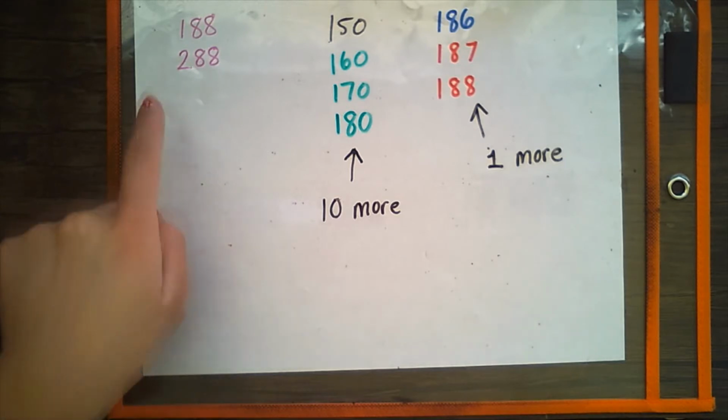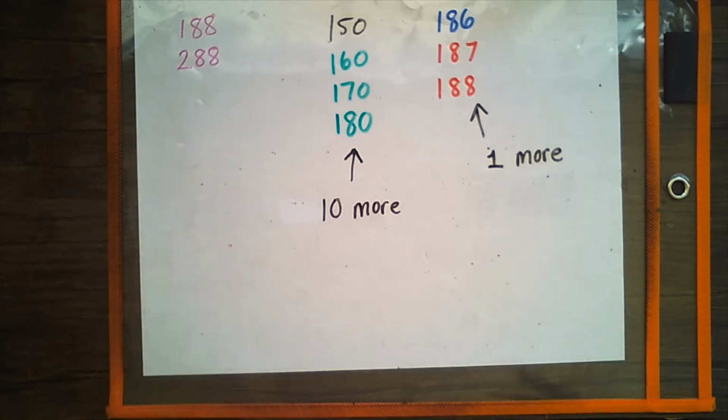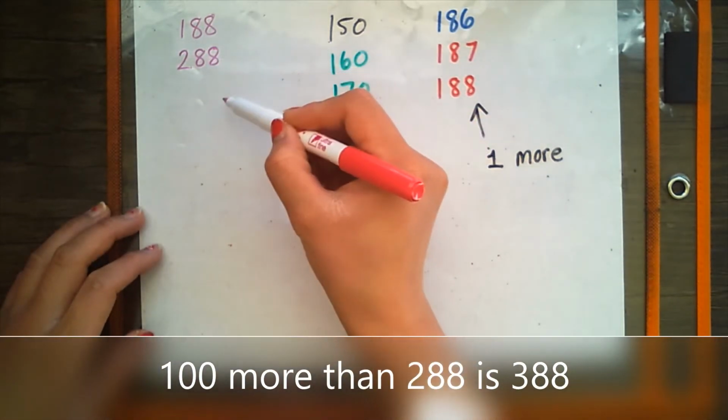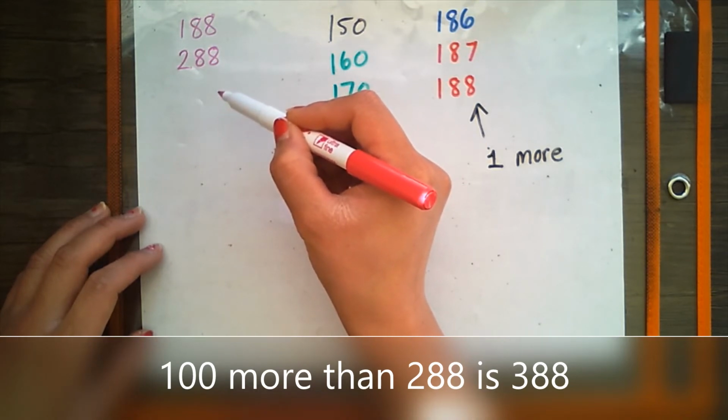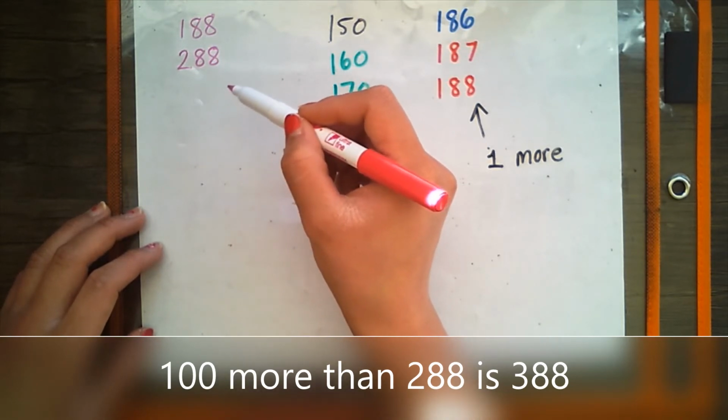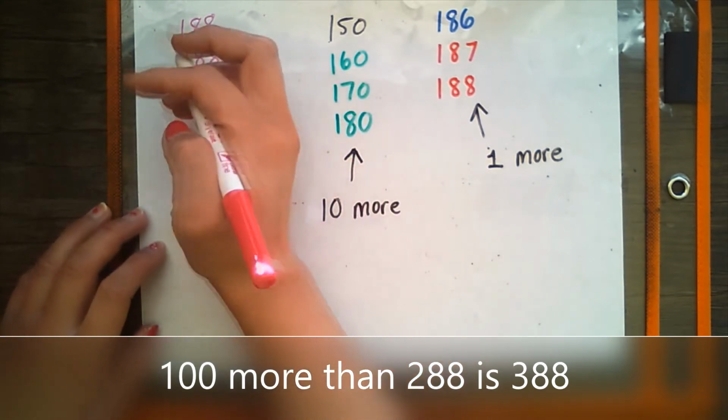Now, I want you to use the pattern that we just discovered to finish my sentence. 100 more than 288 is 388. Let's go ahead and write that down.